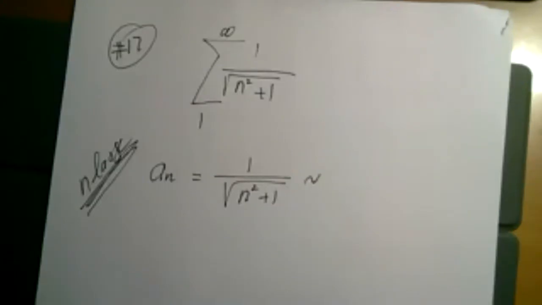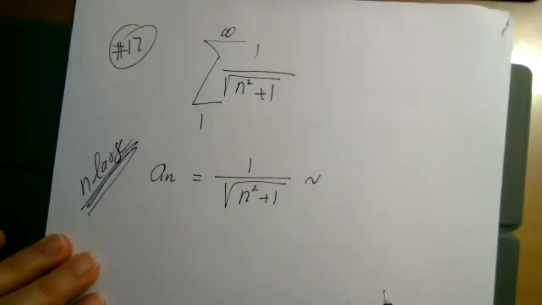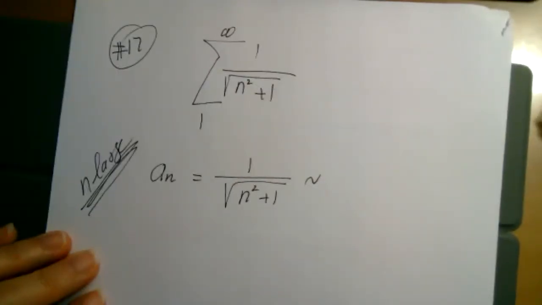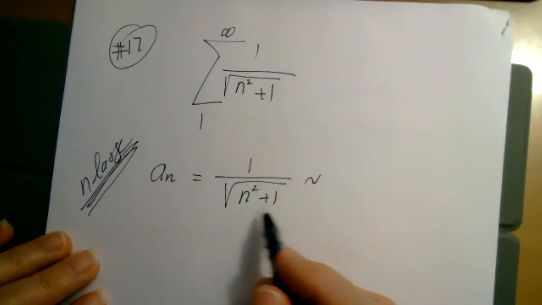Somebody unmute themselves and tell me, how do you think about it? I don't mind hearing your voices. I tried to think about it as 1 over n to the 1/2. Yeah, I repeat. I did not hear you very well. Oh, I like to think about it as 1 over n to the 2 over 2, because you've got a square root over the squared, because you can drop away the 1. You drop the 1, exactly.